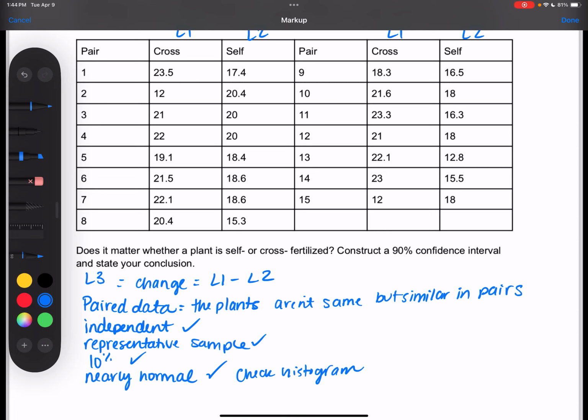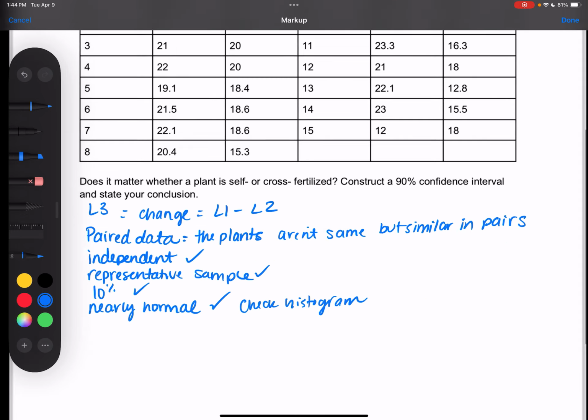All right, so the goal here is to construct a 90% confidence interval and state your conclusion. So the tendency is we have two different sets of data. We should use a 2 sample t interval or something like that. However, we have found the differences in them, which is what we're looking for. So we are going to actually just use t interval.